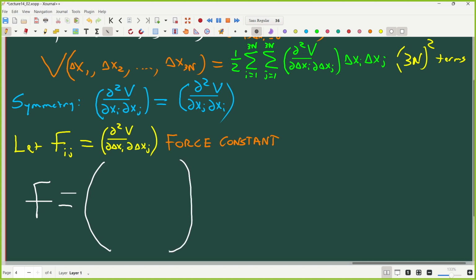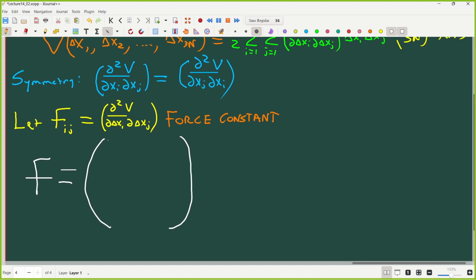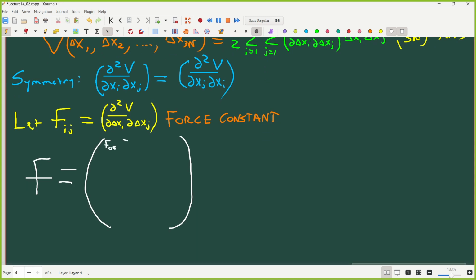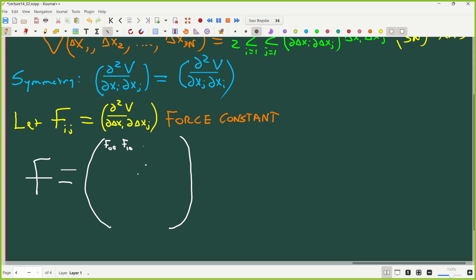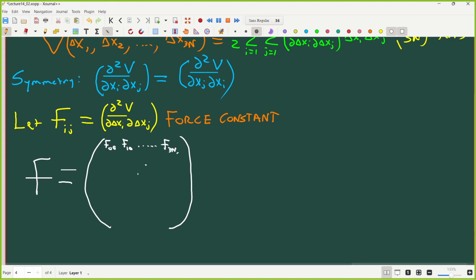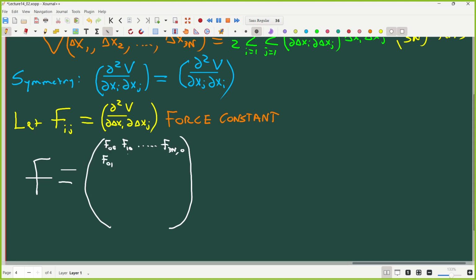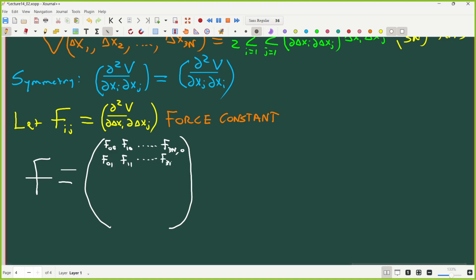I'm going to index this so that you have F00, that's the first element, and then you have F10, all the way up along the first row, to F3n,0. And then you have F01, F11, all the way up to F3n,1, right?